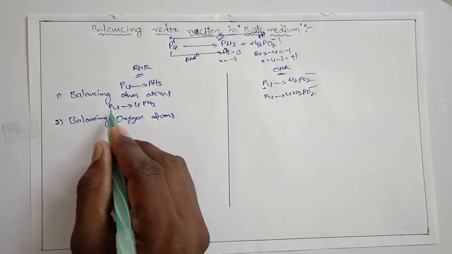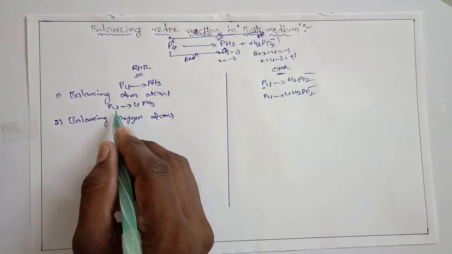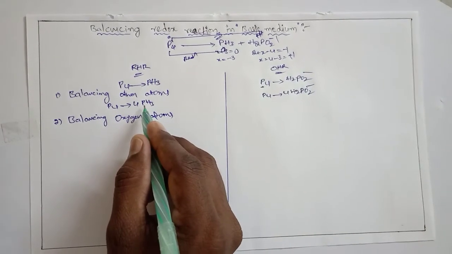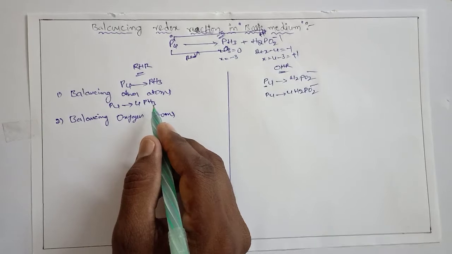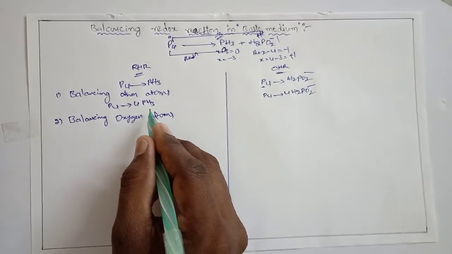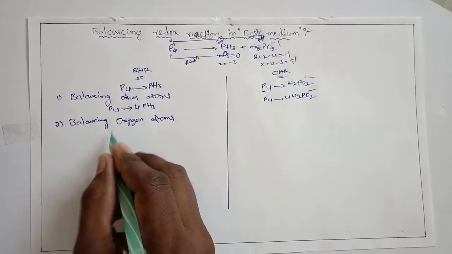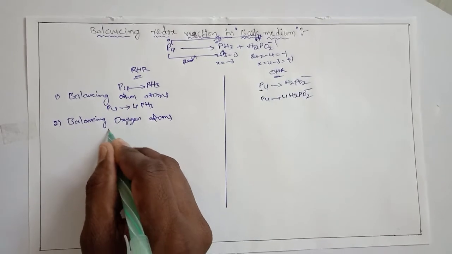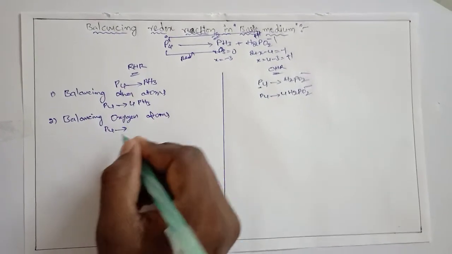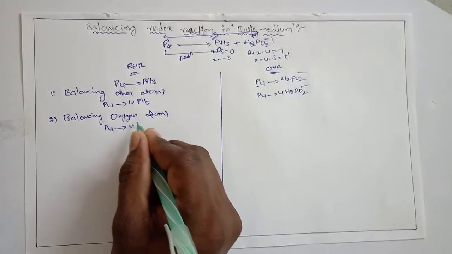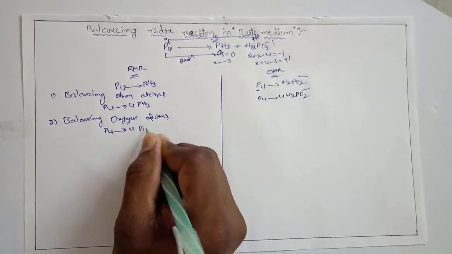For example, here no oxygens are present, and on the right side of the reaction also no oxygens are present. So there is no need to balance the oxygens. So the above equation is written as it is: P4 gives rise to 4 PH3.